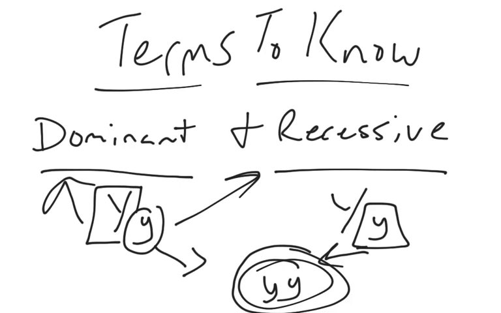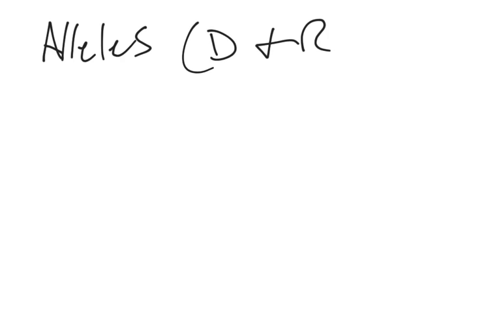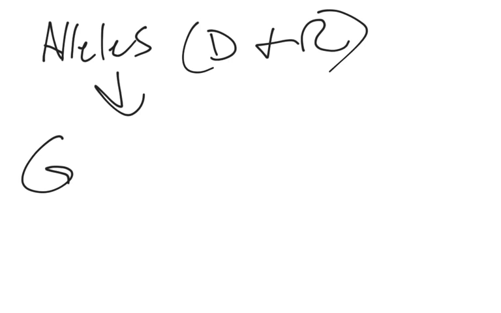Now, in today's world, let me clear this ink, we call those alleles. Okay, we would say dominant and recessive, so D and R, alleles. Now, what are alleles? Alleles are, just like traits are different types of characters, alleles are different types of a gene. So, for example, a gene, in your body you have a gene for blood type.